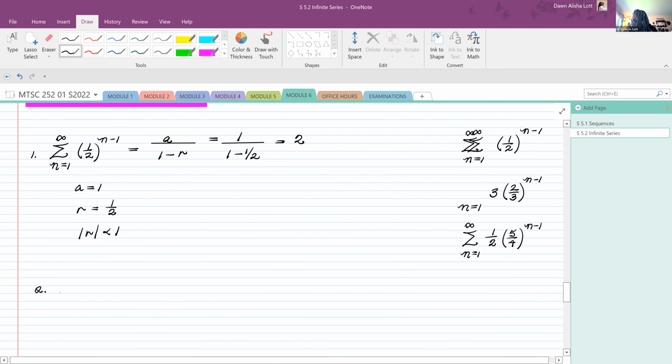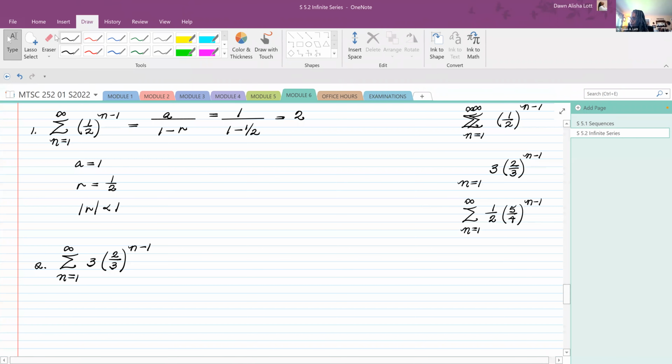The second one, the sum, n equals 1 to infinity of 3 times 2/3 to the n minus 1. Somebody tell me what, actually, I'm going to take roll while you do these next 2.